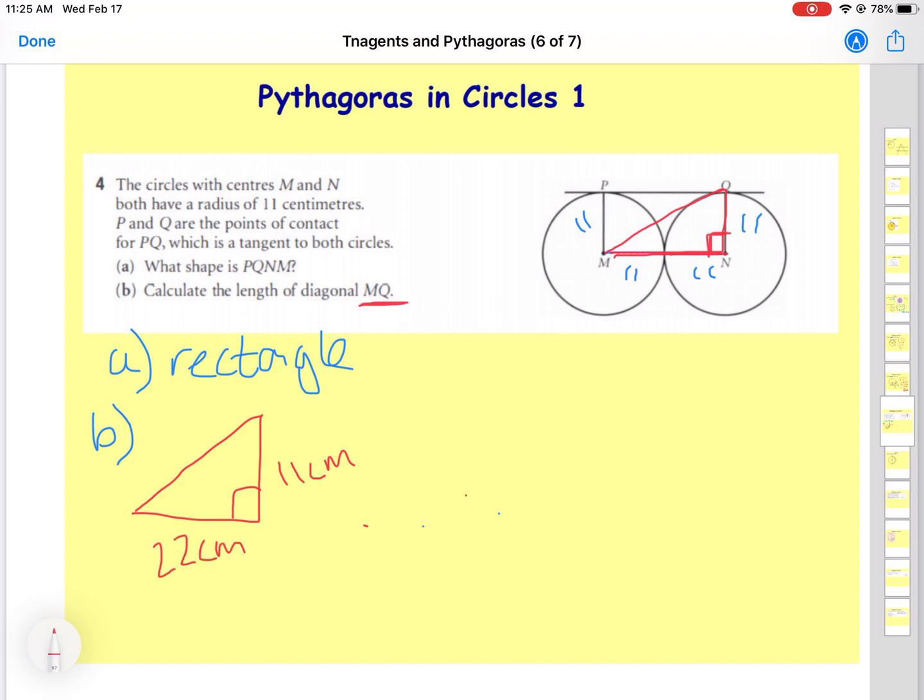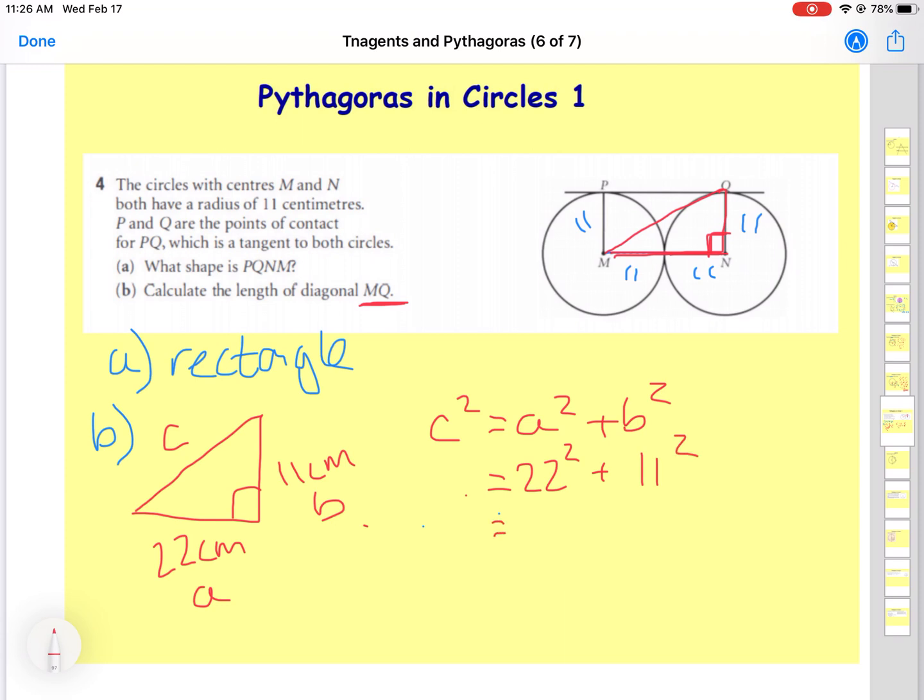In the diagonal, I'm trying to find the length, so that's that diagonal one in the triangle as well. Label that one as C. A and B can be either of your other 2 sides. So C squared equals A squared plus B squared. A is 22, 22 squared plus 11 squared.